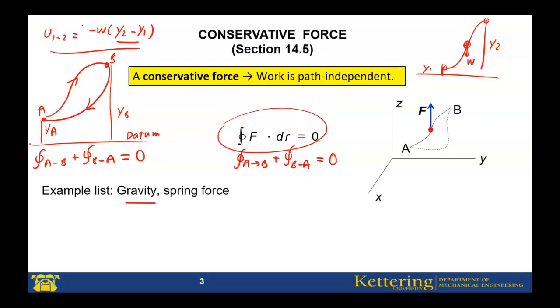Now, using this equation, it is minus W times the elevation of the second point, YB, minus the elevation of the first point, plus, now returning to the same point, plus W times the elevation of the second point, YA, minus the elevation of the first point, YB.